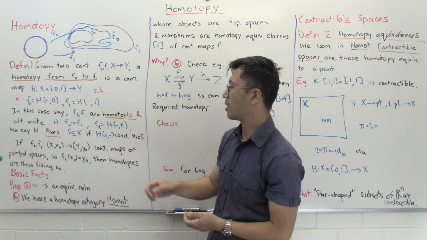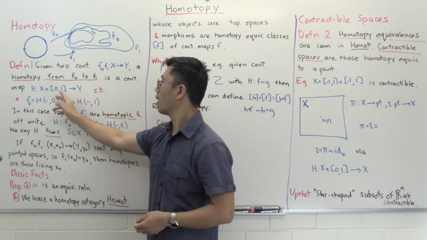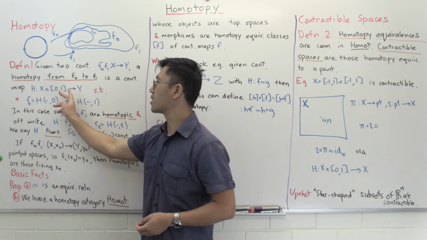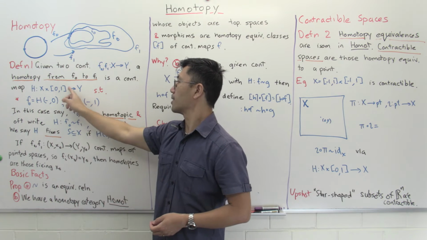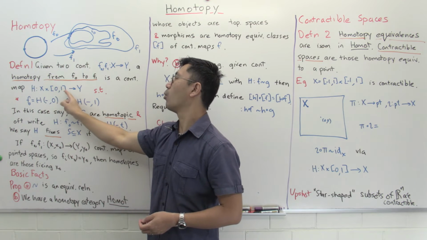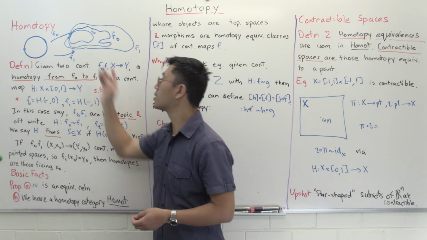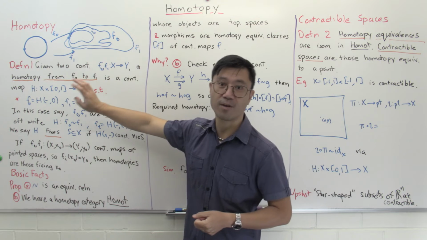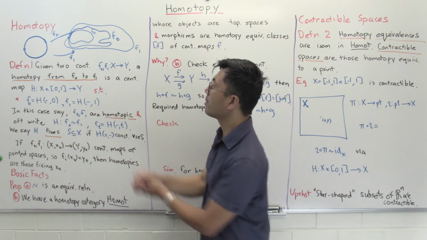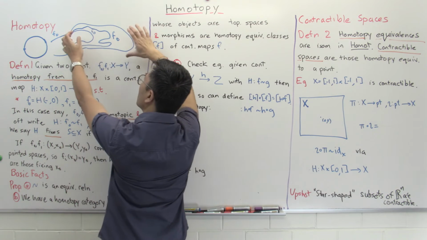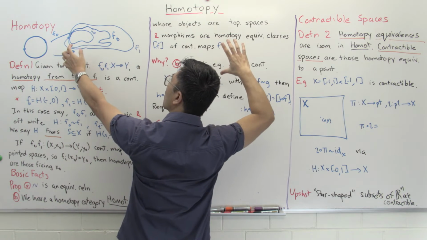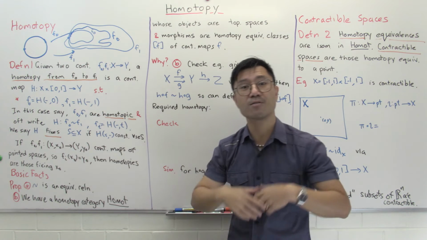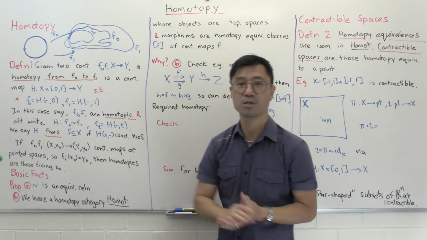So if you apply a reflection about the halfway point of this interval, the map you'll get will be running this map backwards, and that gives you a homotopy from F1 to F0 instead of F0 to F1. Similarly, if you grow F0 to F1 and then F1 to some F2, then going at twice the speed, you can grow all the way from F0 to F2. And that gives you transitivity of this equivalence relation.